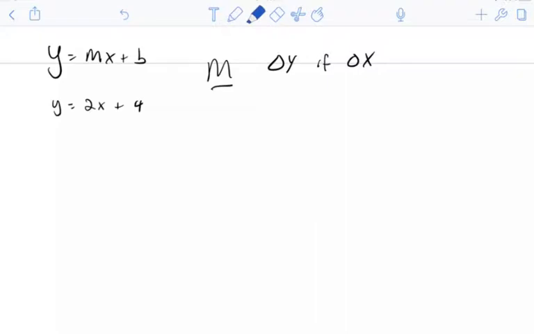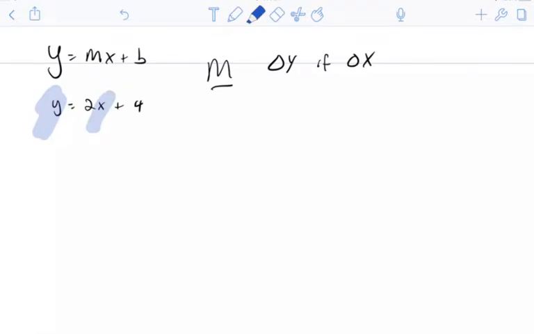The idea here is if I increase x by one value, so I go from x equals 5 to x equals 6, then if I change x by 1, the value of y is going to change by 2 because it's being multiplied by that coefficient there.